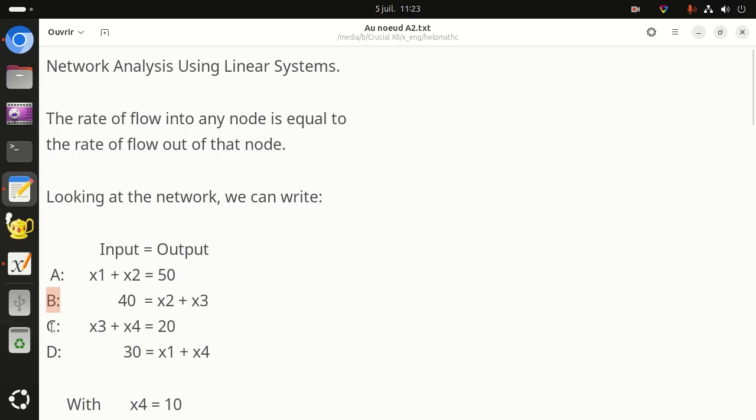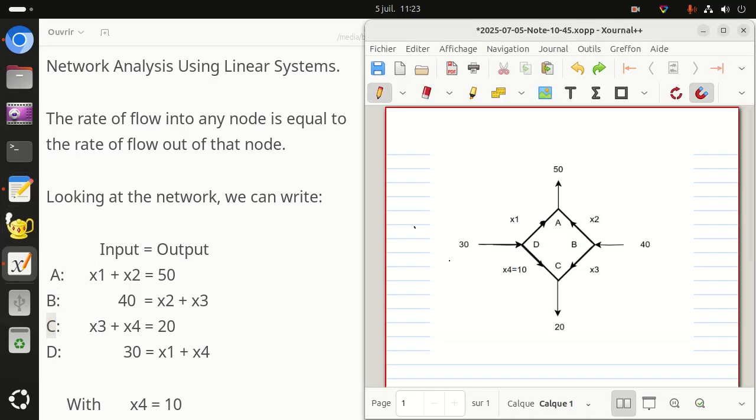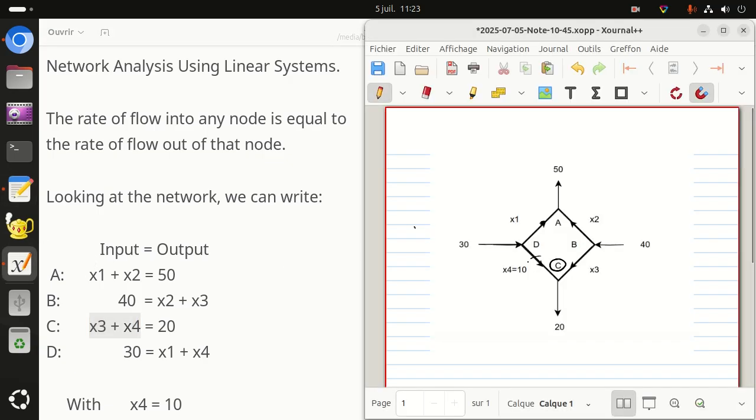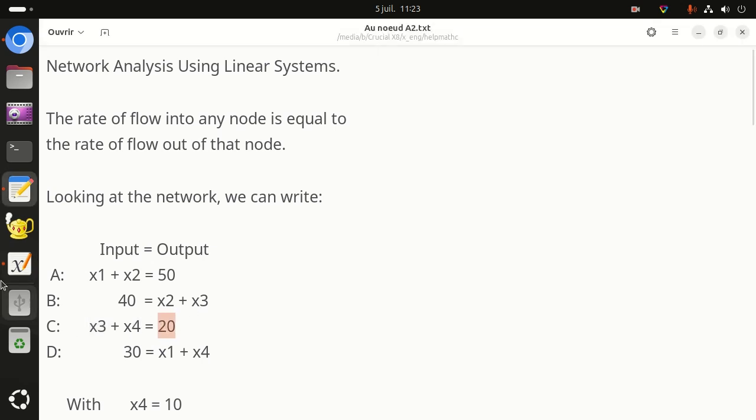For the node C, the inputs are x3 and x4, and the output is 20.